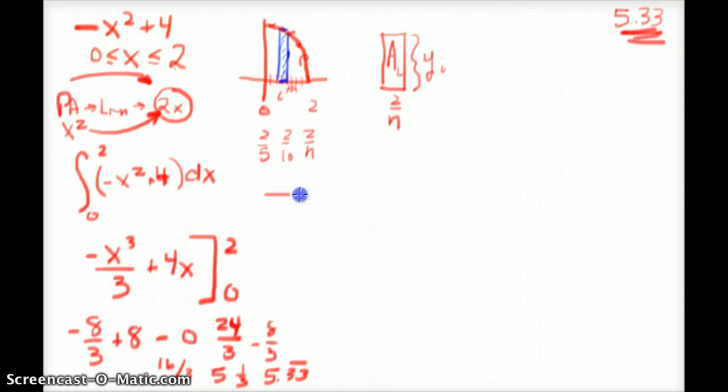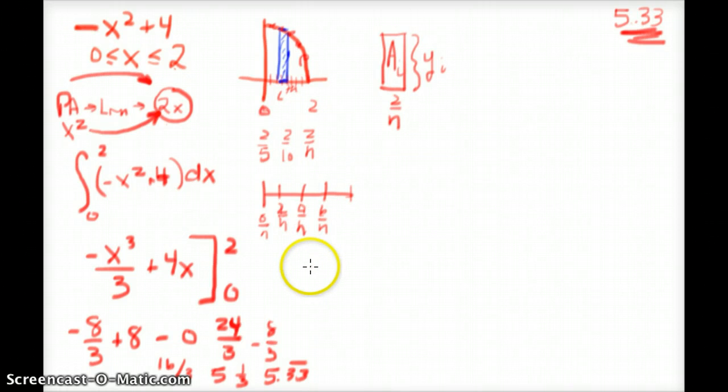The first one was 0 over n, and then the first value here would be 2 over n. Then the next one, because the width is 2 over n, would be 4 over n. Next one would be 6 over n.